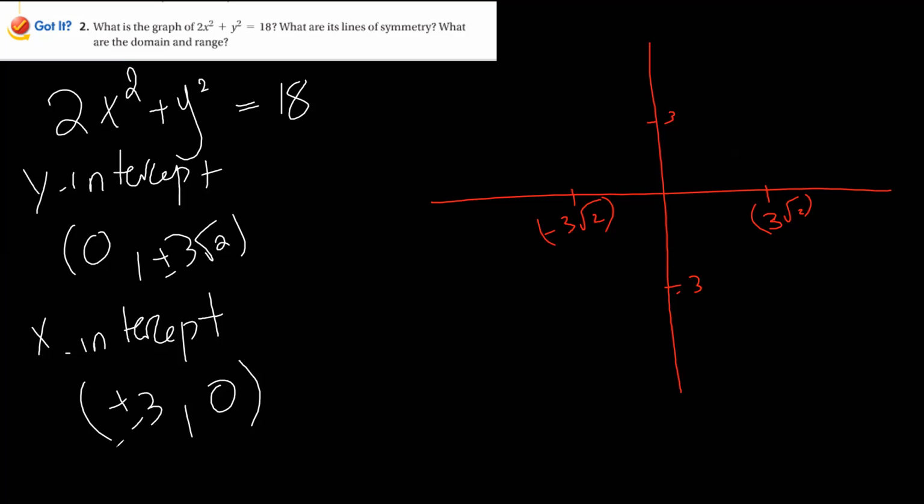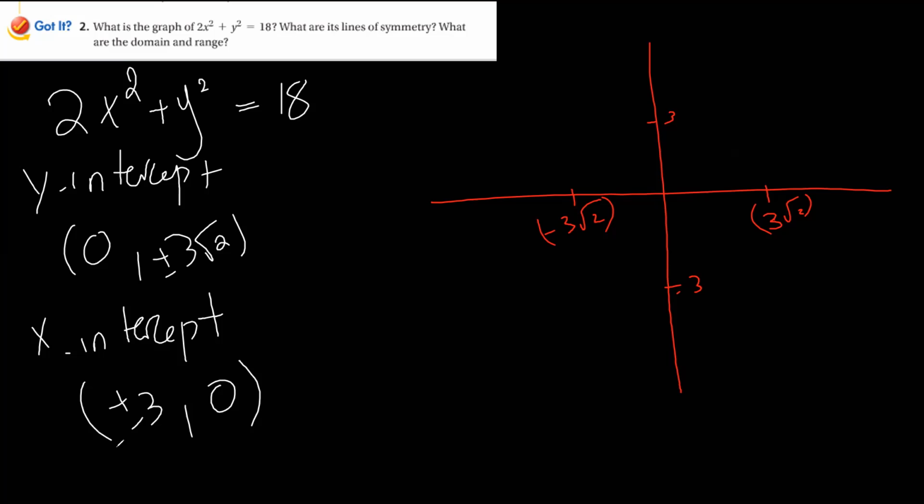Yes. Why is it an ellipse? Because the distances from the center to the y-axis and to the x-axis are different. Look also at the coefficients here. They are not the same: 2, 1. It's not 2, 2 or 1, 1. So it will be an ellipse.